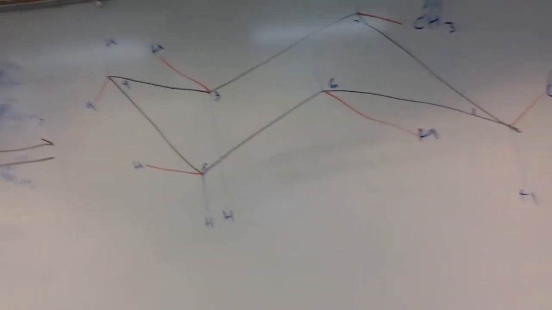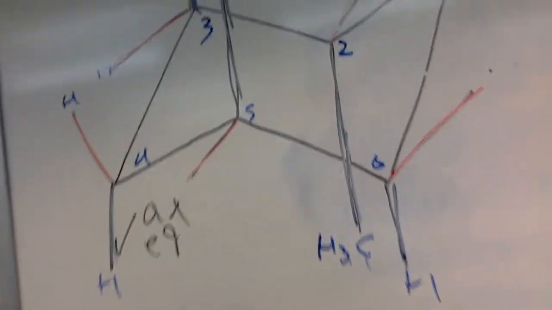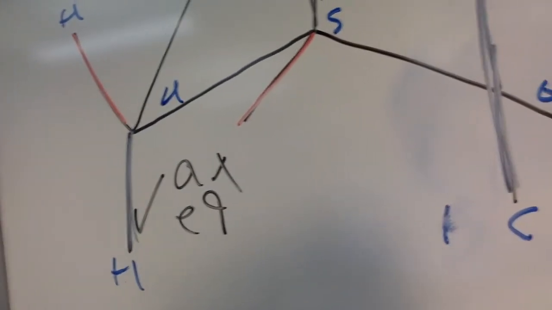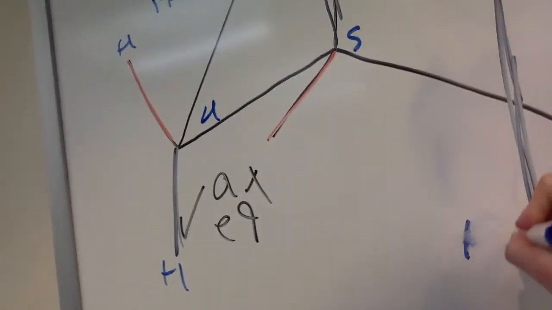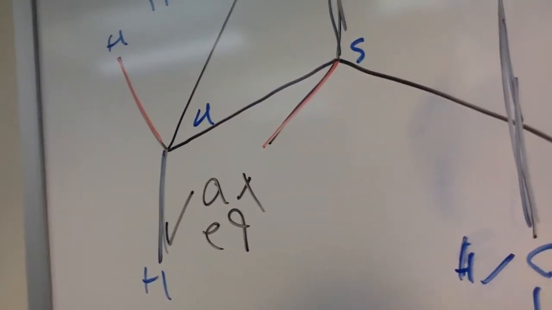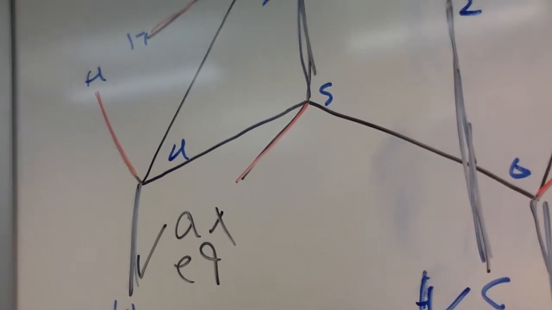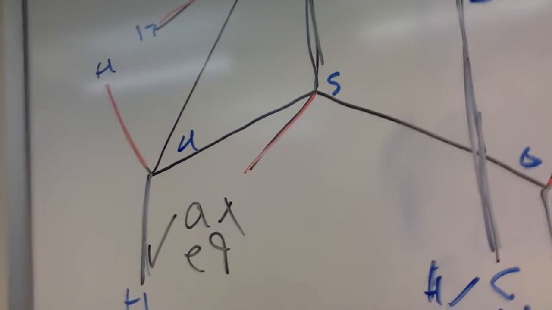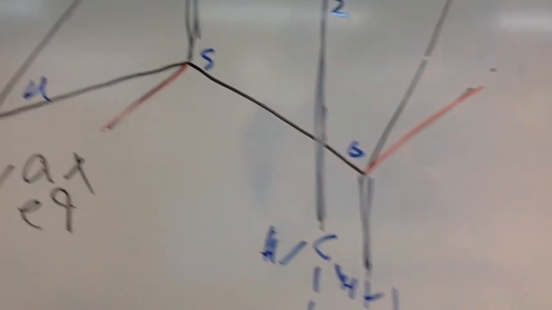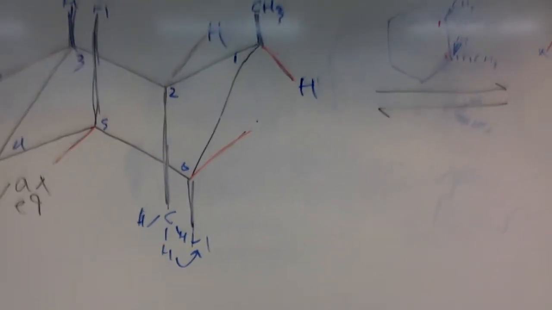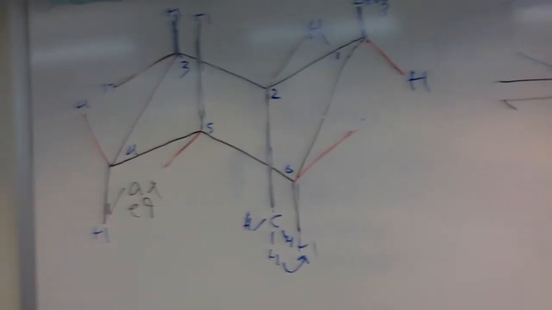The reason why is that if we draw out the other H's, like an H here, an H here, and an H here, this is gauche with this, meaning that it interacts with it, causing steric hindrance, which is basically electron-electron repulsion.